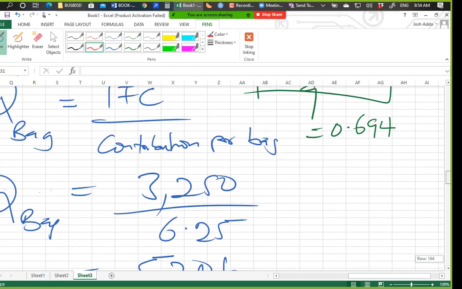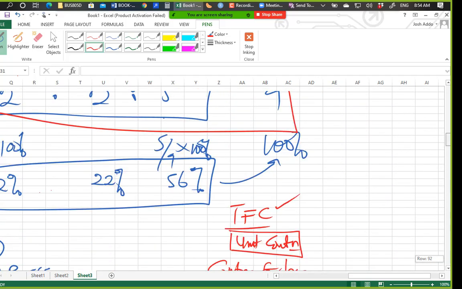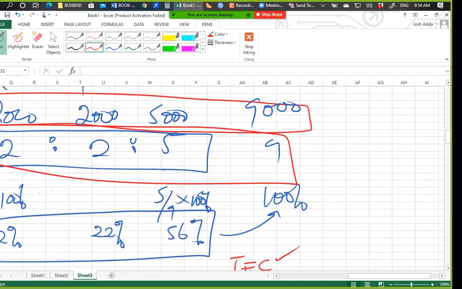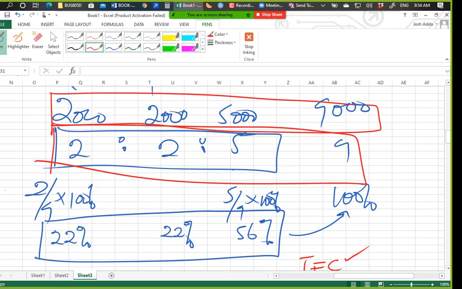This one is 2,000 units. It's not 2,000 Ghana cedis. 2,000 physical units, 2,000 physical units, 5,000 physical units, giving us a total of 9,000 units.